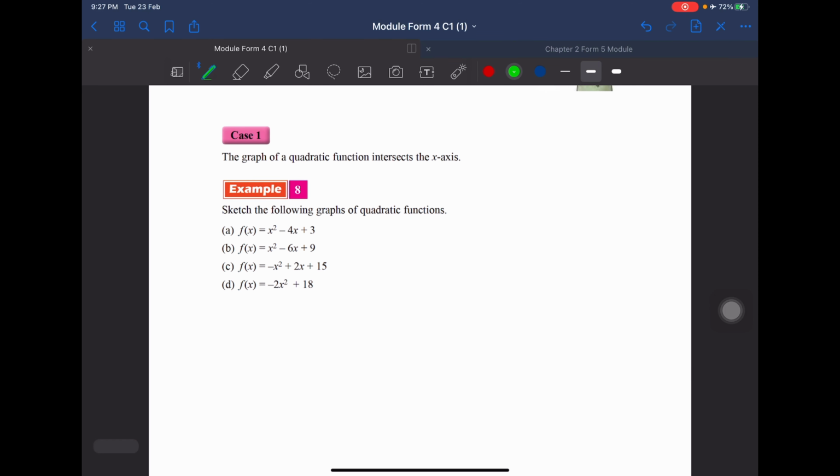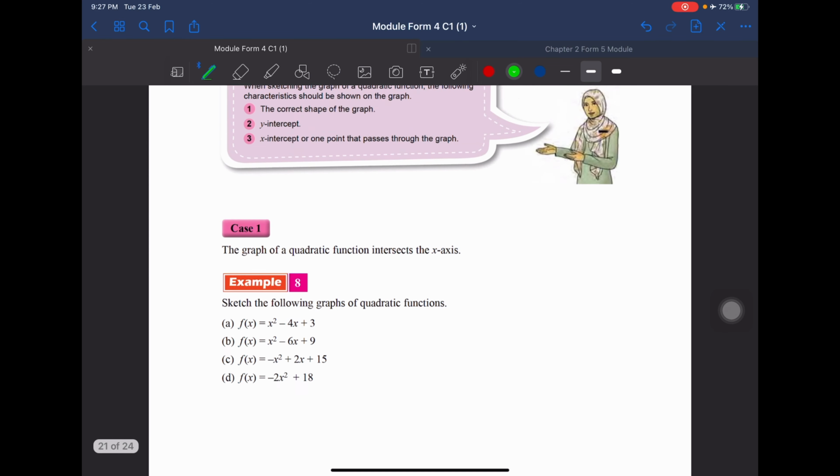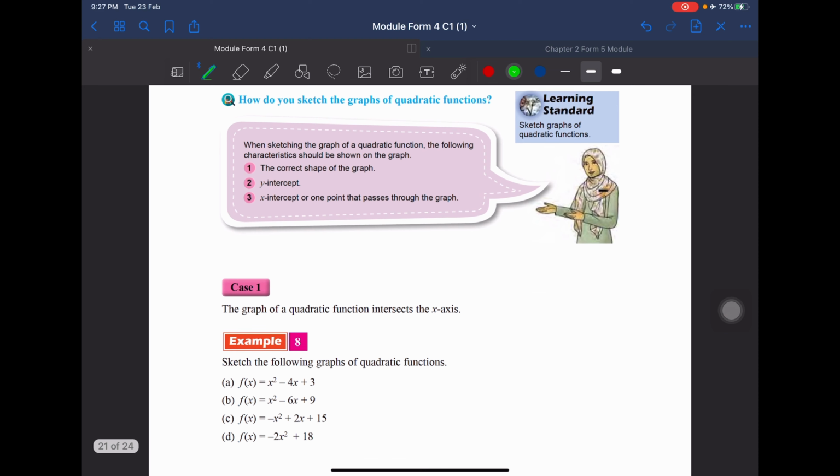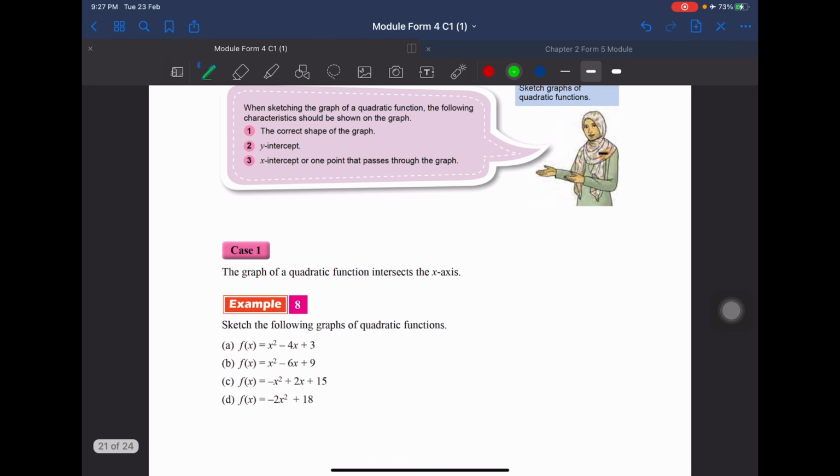one by one. Okay, so actually in sketching the graph, we have two case. So kita tengok dulu the first case. Okay, case number 1, where the graph of quadratic function intersect the x-axis.